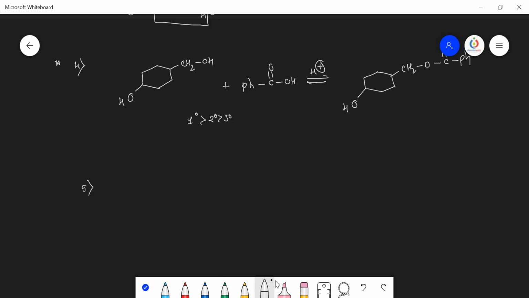Now, in some cases intramolecular esterification reaction also takes place. Let us see how the intramolecular esterification reaction takes place. I'll change the color.